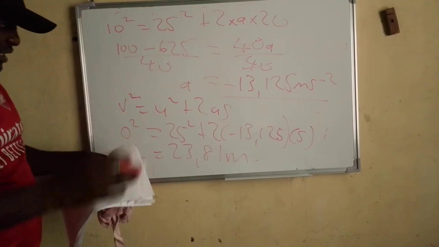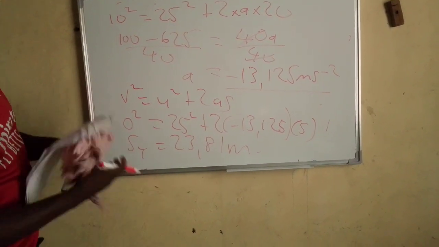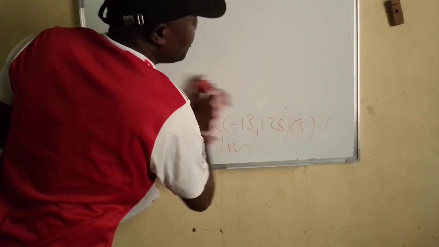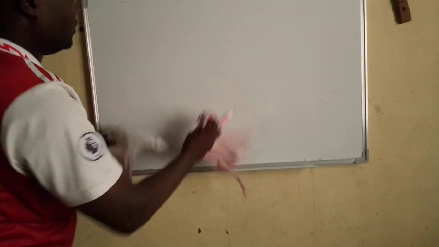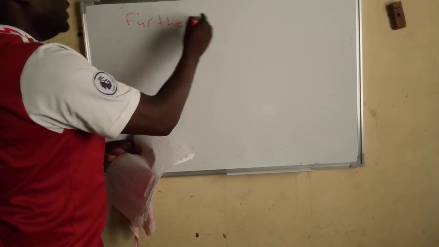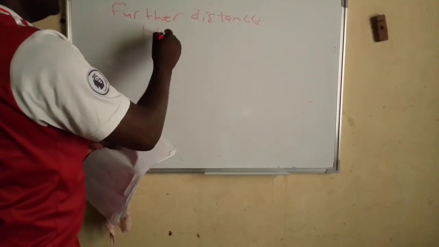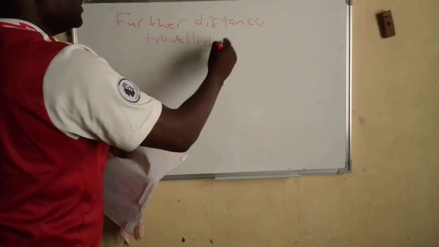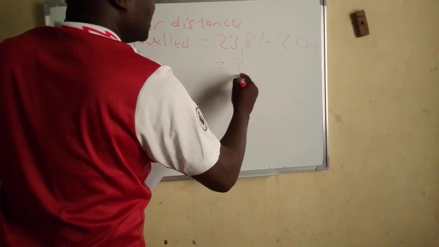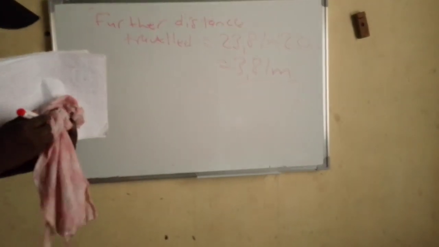But the further distance that was traveled after traveling 20 meters, before stopping, is equal to 23.81 minus 20, which is 3.81 meters. That was the further distance that was traveled.